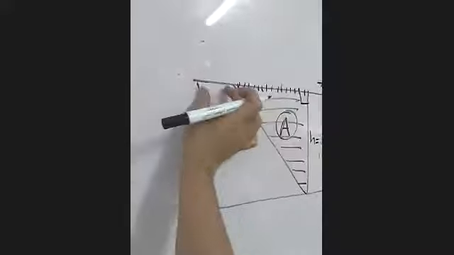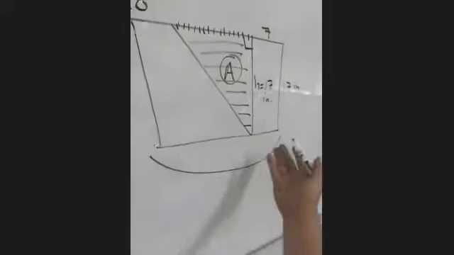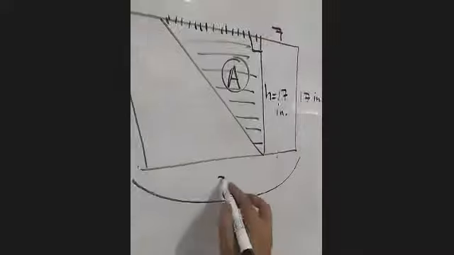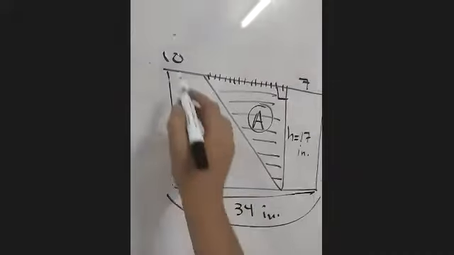How much is this part here? 10. What's the whole part here? This whole part, how much? 34. 34 inches, right?